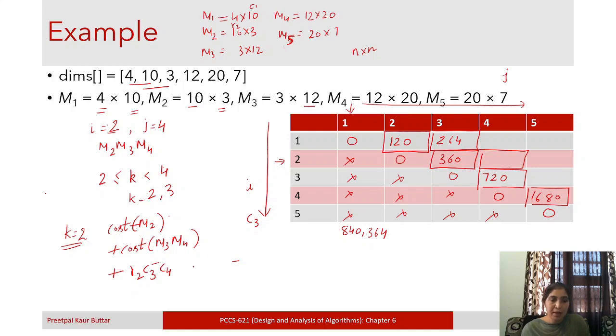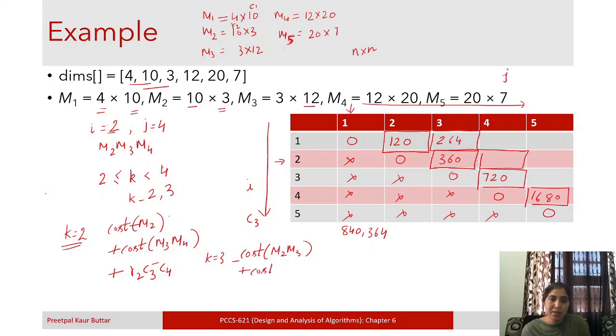Okay, and when k is 3, then in the first subproblem you have matrices till 3. So m2, m3 are there.